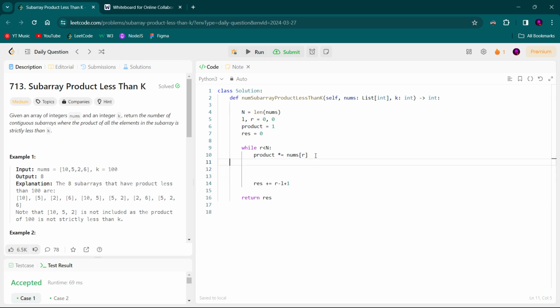Now what if my product is greater than or equal to k? I have to increment L, but I have to divide the product.